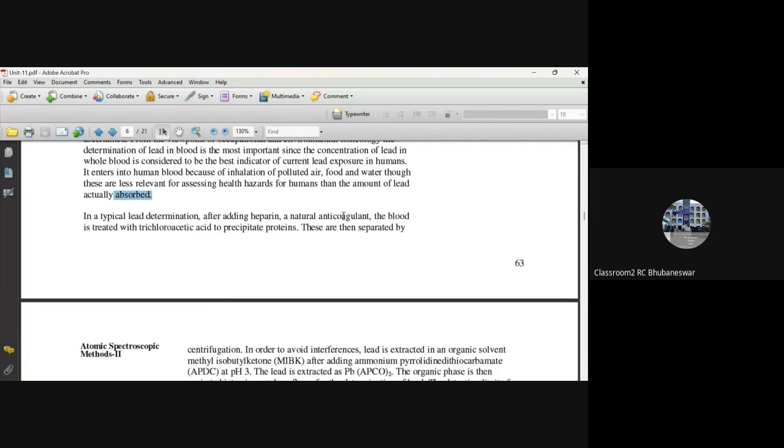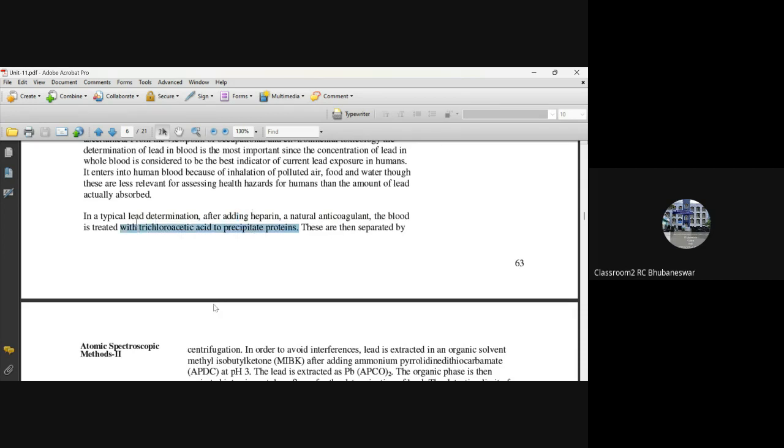Okay. See, when we are using heparin as an anticoagulant, that is also typical for lead determination. After adding the heparin anticoagulant, the blood is treated with trichloroacetic acid to precipitate the proteins.